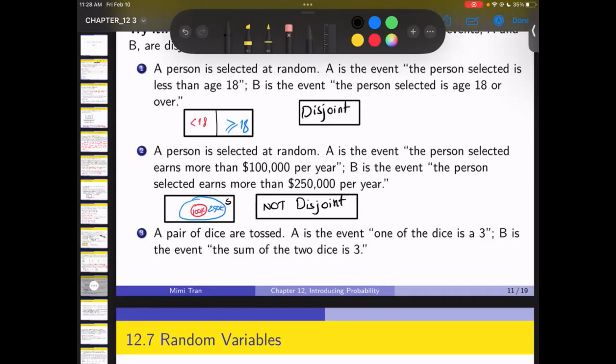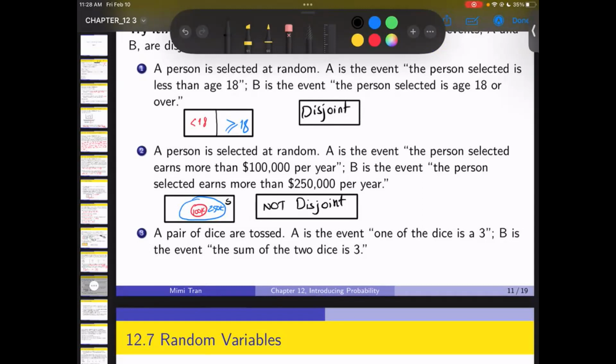The number 3 is a little bit twisty. Let's see. A pair of dice is tossed. A is the event one of the dice is a 3. B is the event the sum of the two dice is 3. What do you think?